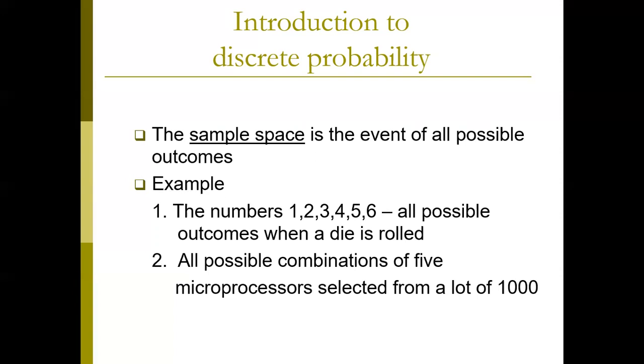So think about it, rolling a die. If you roll a die, since there are 6 faces, the possible outcomes are going to be 1, 2, 3, 4, 5, and 6 coming up, all right? And then for selecting the 5 microprocessors, all the possible outcomes of selecting the 5 microprocessors will form the sample space of that experiment.